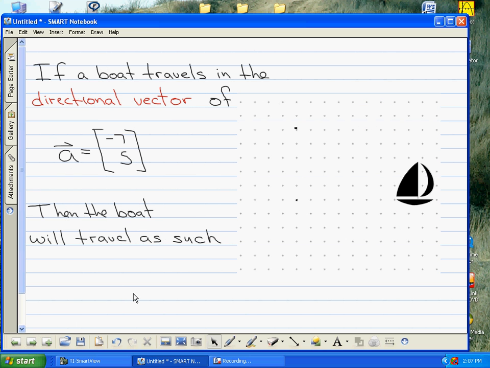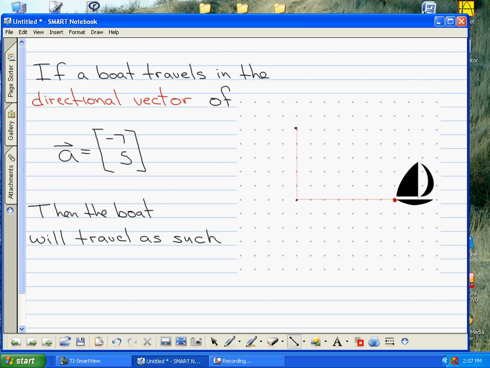An example would be here. If a boat travels in the directional vector of -7, 5, then the boat will travel as such. Before we begin, we have to start off with the position. I'm just going to consider this point right here the position of the boat. The boat will travel -7, so 7 units in this direction, and then it will travel 5 units in this direction.